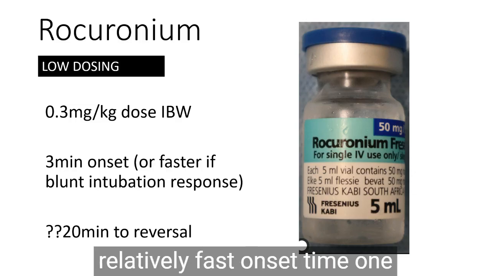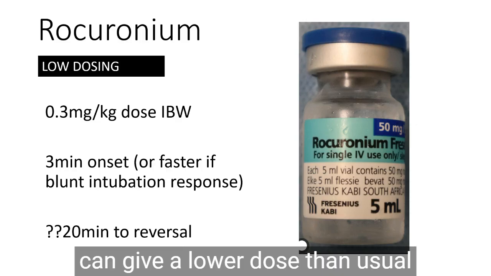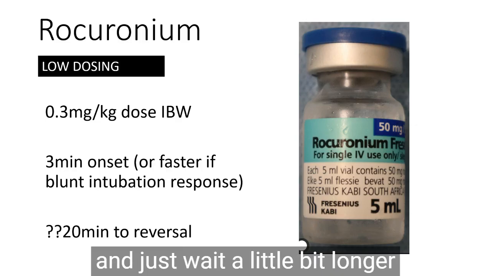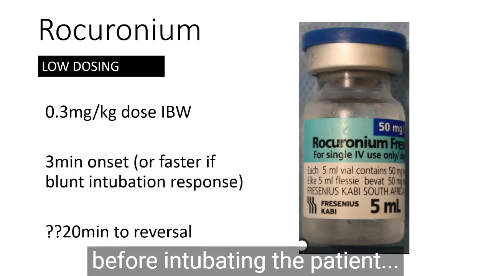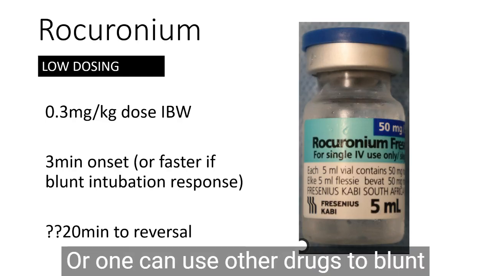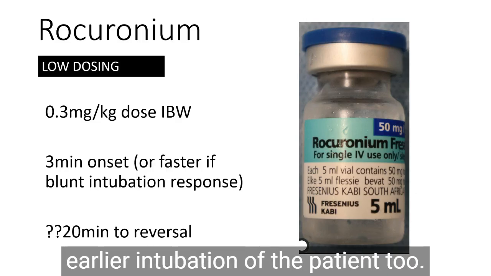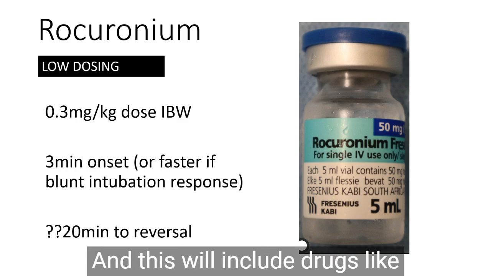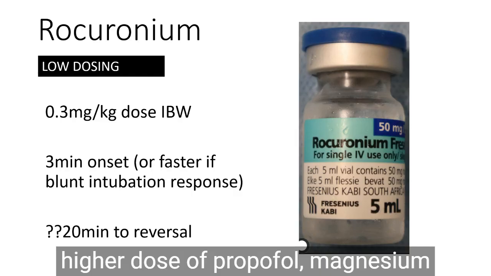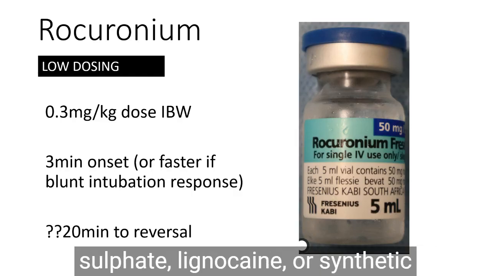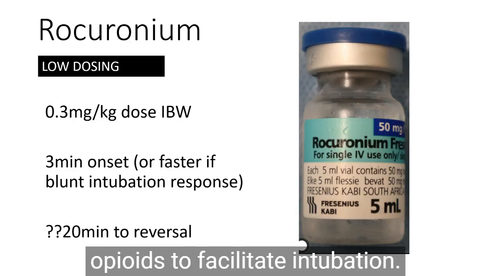Because of its relatively fast onset time, one can give a lower dose than usual and just wait a little bit longer before intubating the patient, or one can use other drugs to blunt the intubation responses and allow earlier intubation of the patient too. And this would include drugs like a higher dose of propofol, magnesium sulfate, lignocaine, or synthetic opioids to facilitate intubation.